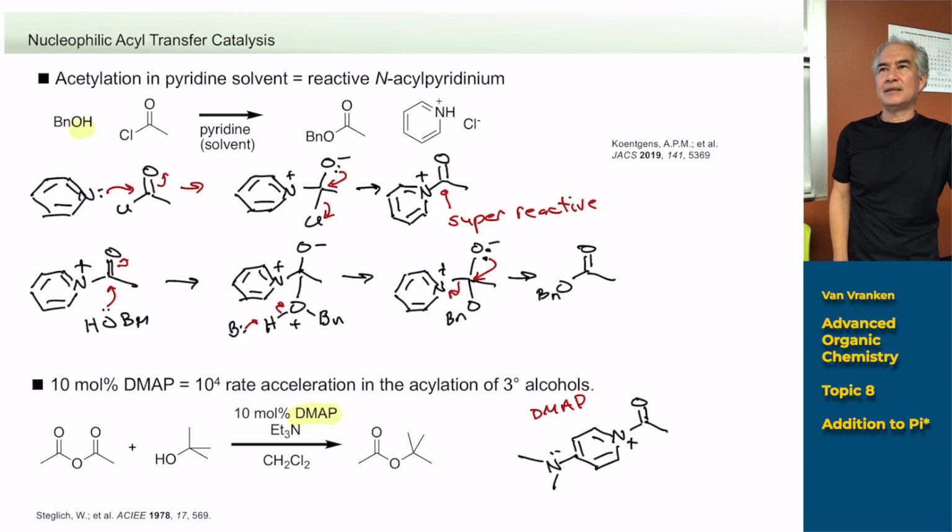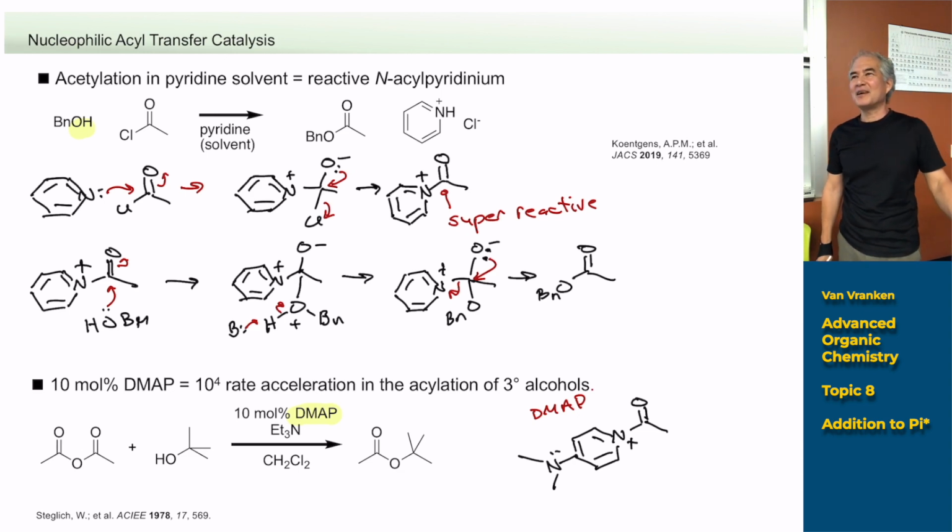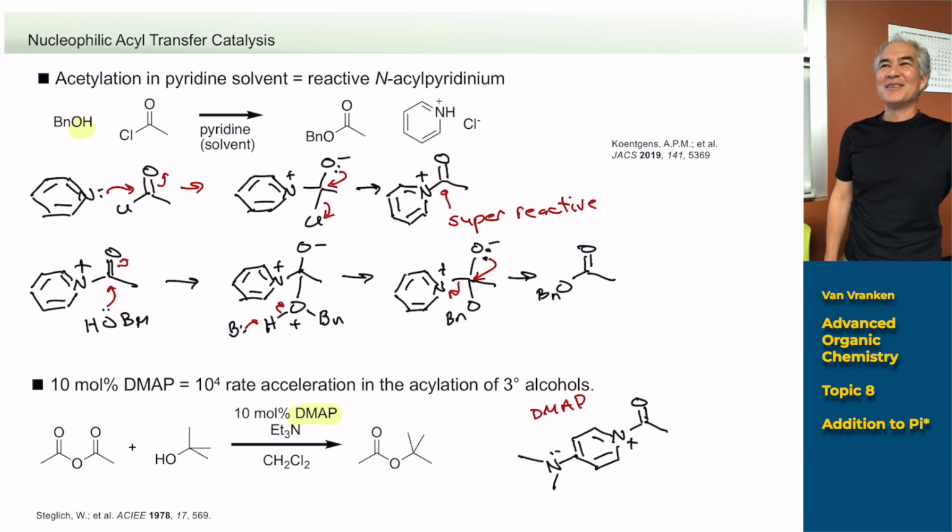Yes, question? Is the 10 mole percent of the DMAP the max you get, or is that a point of diminishing return? It's expensive. So the question is, why 10% DMAP, not 11%, not 12? It's expensive. If you added 5 times more, it would be 5 times faster. 10 times more, 10 times faster than the 10 mole percent.